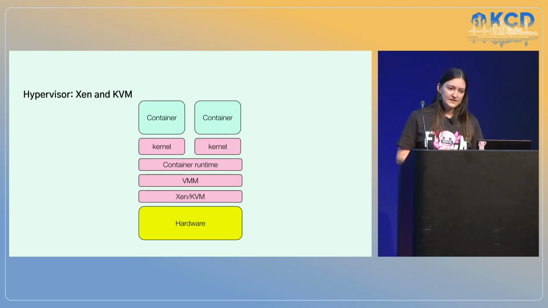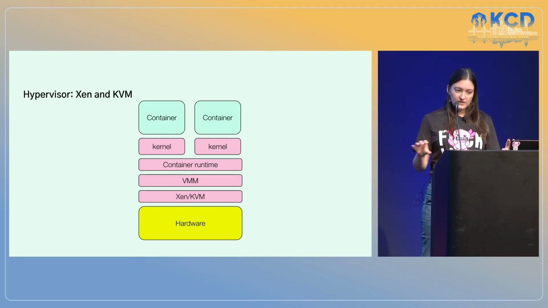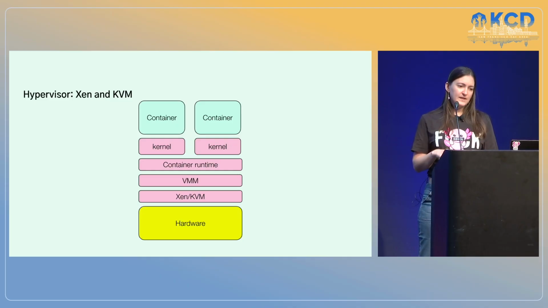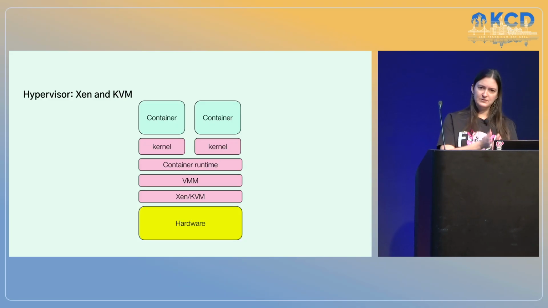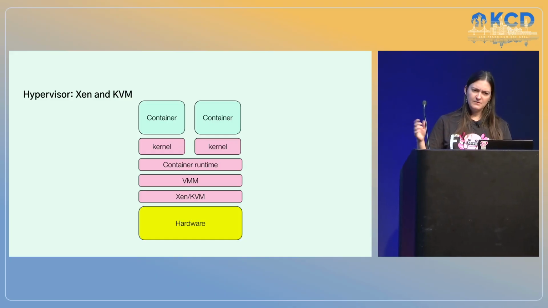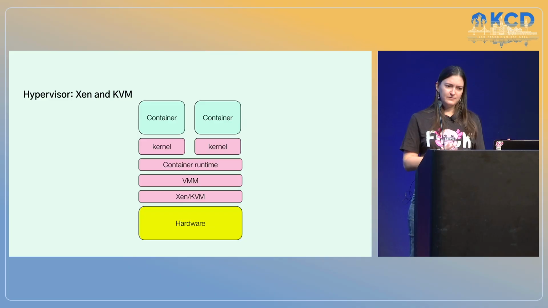Xen is another hypervisor. It's a type 1 hypervisor that sits directly on hardware, not built on top of the Linux kernel. And it has this option with what's called para-virtualization. And para-virtualization means that instead of requiring the CPU to pass through resources, it requires the operating system kernel to support what's called hypercalls, which are basically just system calls, but for Xen.